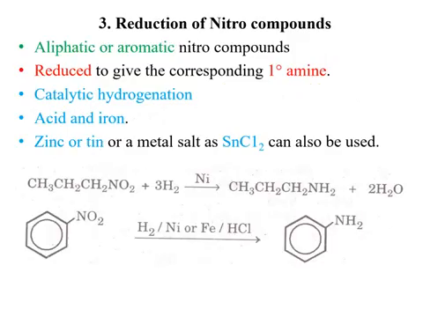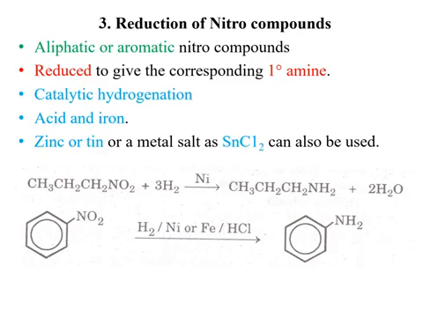The third class is reduction of nitro compounds. Aliphatic or aromatic nitro compounds may be reduced to give the corresponding primary amine. The reduction can be carried out either by catalytic hydrogenation or by treatment of nitro compounds with acid and iron. Zinc or tin or a metal salt like tin chloride can also be used as catalyst.